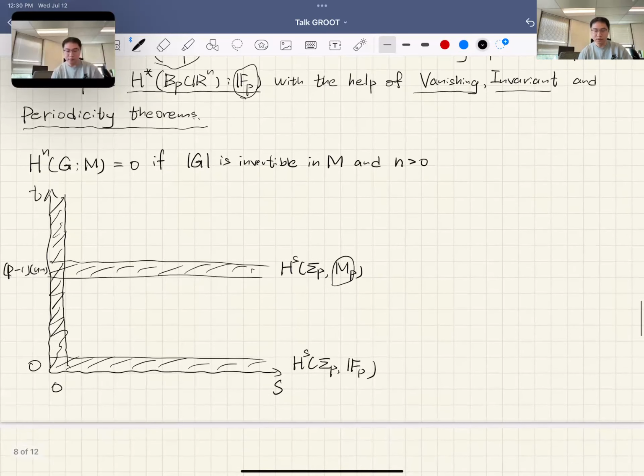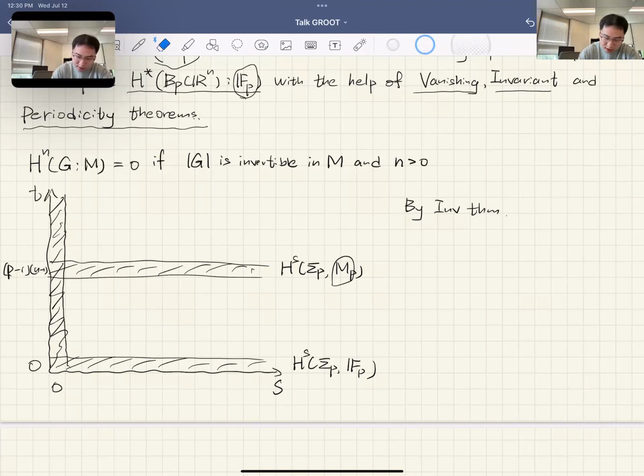Okay. So by the vanishing theorem, this is my E2 page. And by the invariant theorem, we know exactly what happens to S equal to 0. So this is all gone.